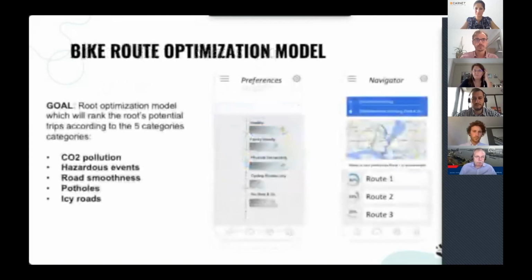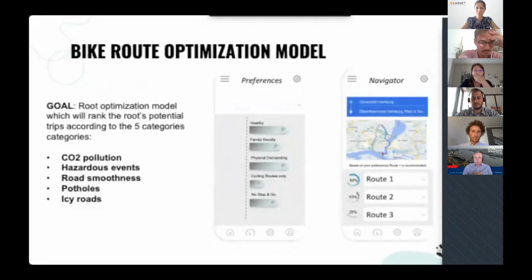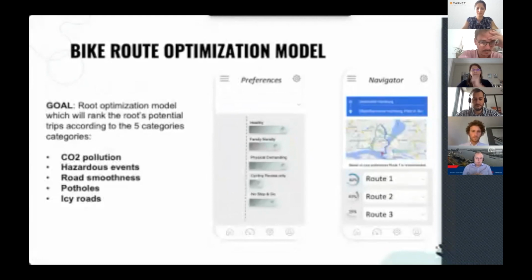The bike route optimization model is developed exactly for that case. Its main goal is to assist bike users in making the right choice based on advanced external data and to select the most appropriate trip for their route.